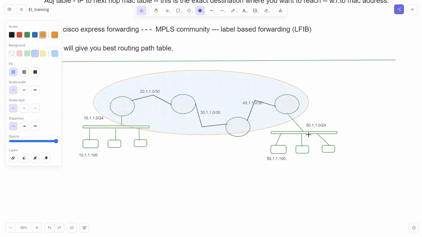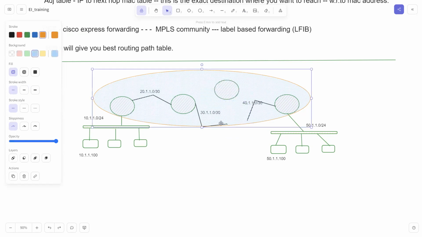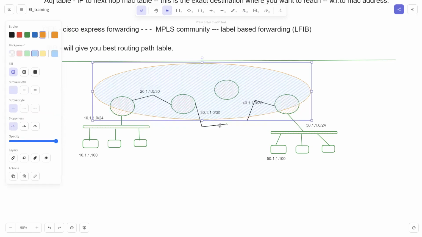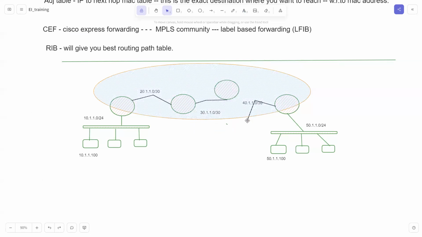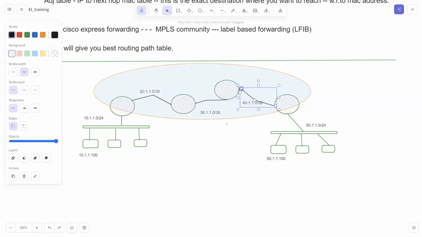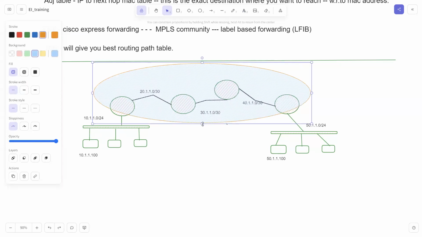This is running OSPF. I'll also put it on top, and then connect the link. You can understand this arrangement here. So this is running the OSPF routing.